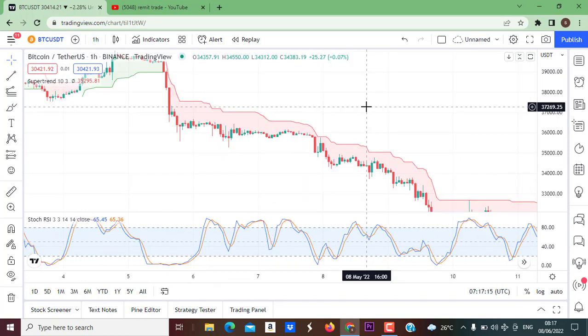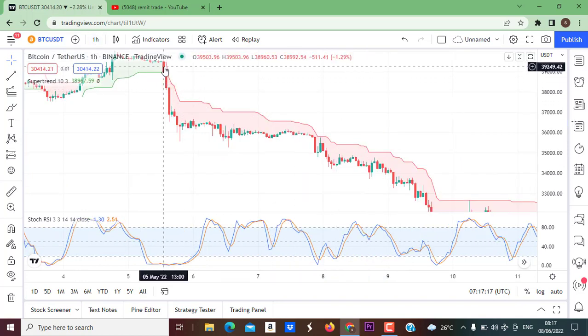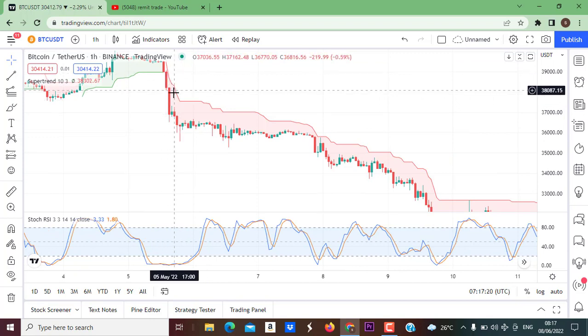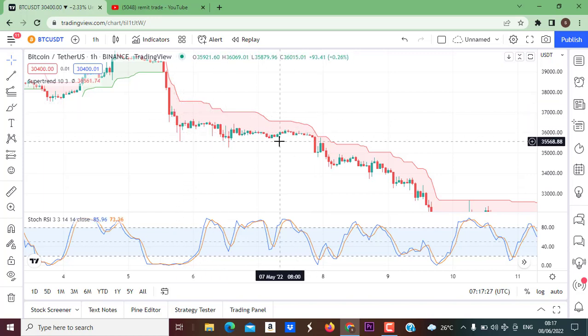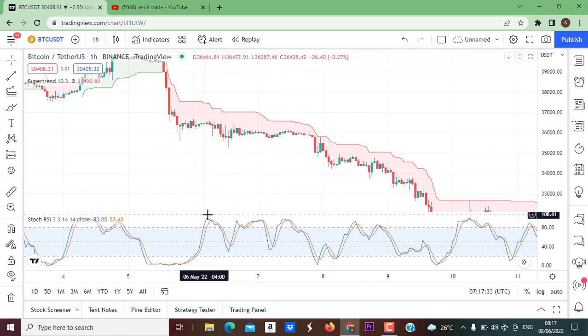For a short position, if you look at it very well, from this area to the downside, the market is in a downtrend, showing that the market is in the pink zone at this very area. So what we want to do to enter a short position on futures is we only want to take trades when the stochastic is at overbought condition.